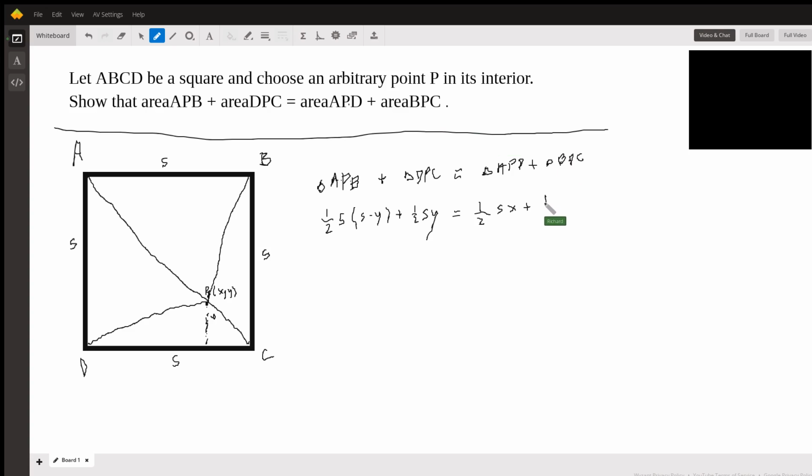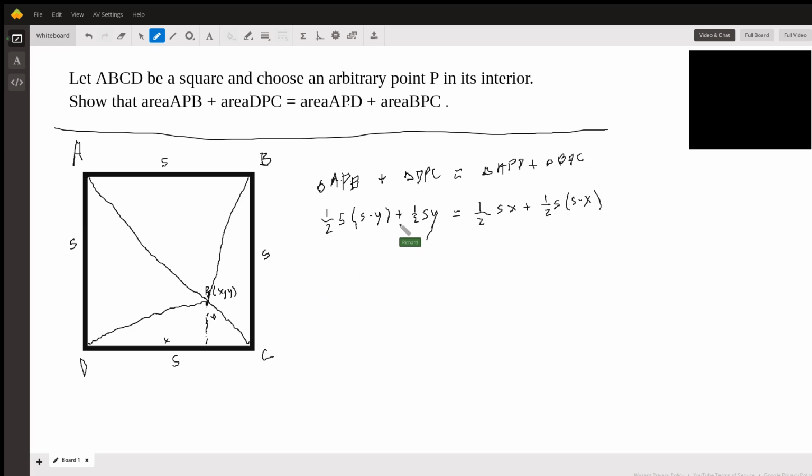Okay, so this is going to be 1/2 base times height. BPC is on the right, so the base is S. And the height is going to be S minus X. You can see because this whole thing is S, but from here to here is X. So the height for this triangle on the right is S minus X.